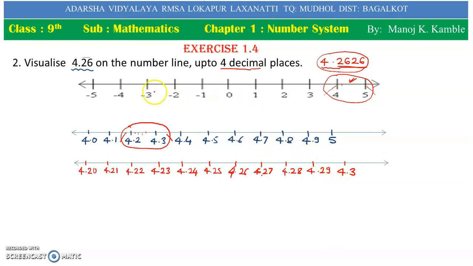Okay, so next come here, 4.2, next number is 6. Okay, 4.26, and here our decimal expansion is present in between 4.26 to 4.27. Okay, so next once again magnify this part and the number line becomes here.